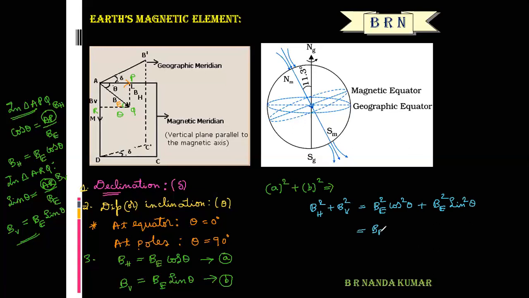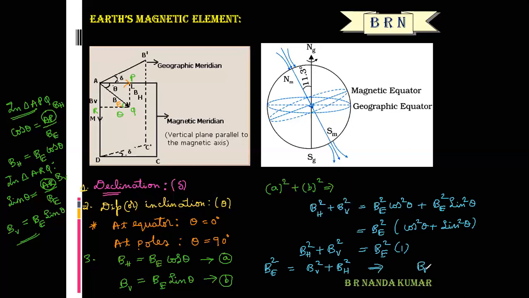Here BE squared is taken as common: cos squared theta plus sine squared theta, that is 1, right? So finally, we will get BE squared is equal to BV squared plus BH squared. Taking square root on both sides, BE is equal to root of BV squared plus BH squared.